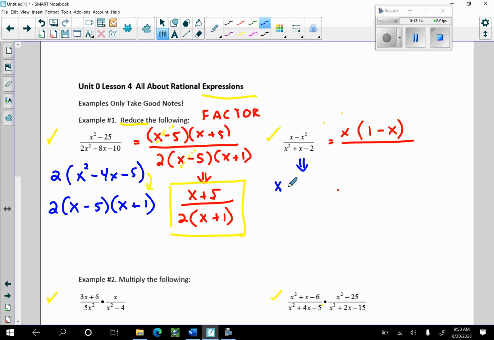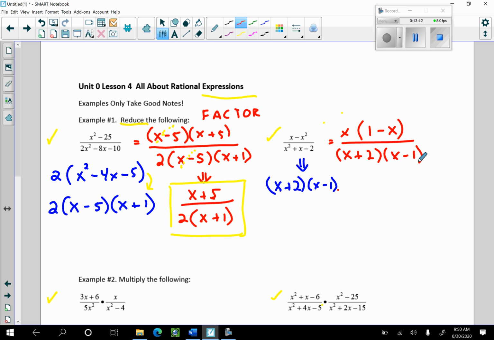This is going to be x plus 2 over x minus 1. Okay, and you can check the arithmetic there. I think it's pretty good right there. So now I have this over x plus 2 over x minus 1. And there doesn't appear to be any common factors there.